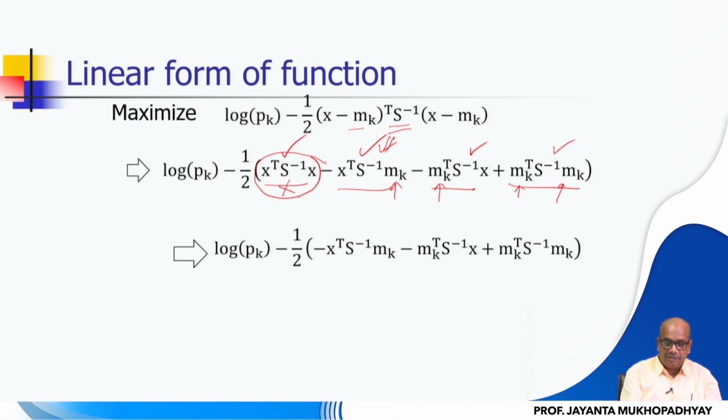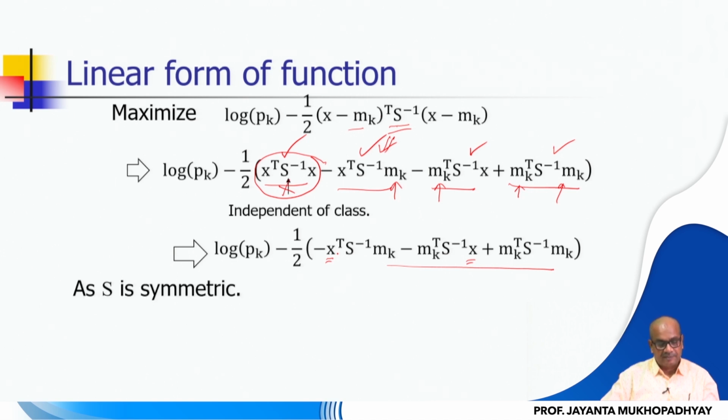So we can ignore this part because it is same for all the classes. Finally, this expression boils down to this. You can see that now it becomes a linear function in terms of x. Only the vector x is coming; there is no quadratic term with the components of the vector x. So this is a linear form, okay.